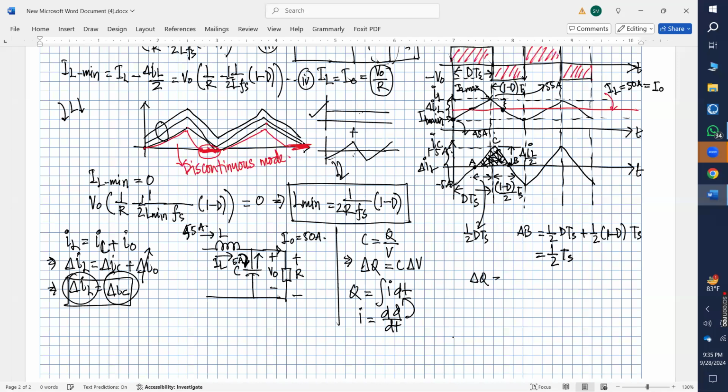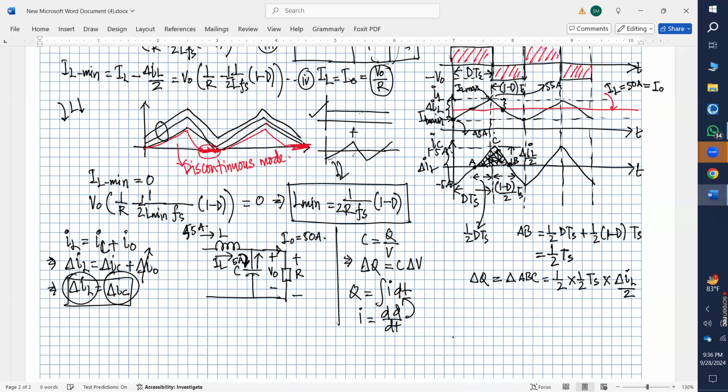Your del Q is nothing but the area of the triangle ABC, right? Which is half multiplied by this length, which is half multiplied by TS, multiplied by the height. Height is del IL over 2, right?